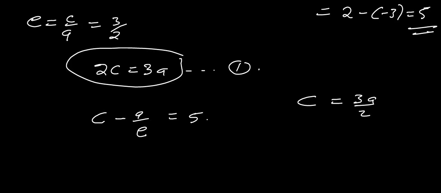Then we said eccentricity is equal to the distance, according to the definition, the distance to the focus divided by the distance from the directrix.